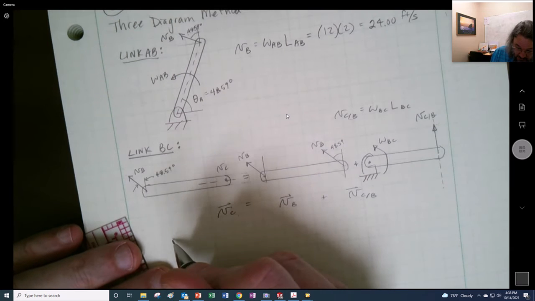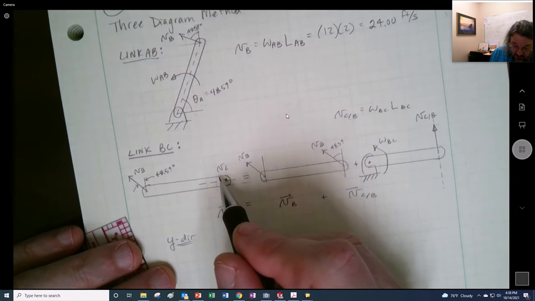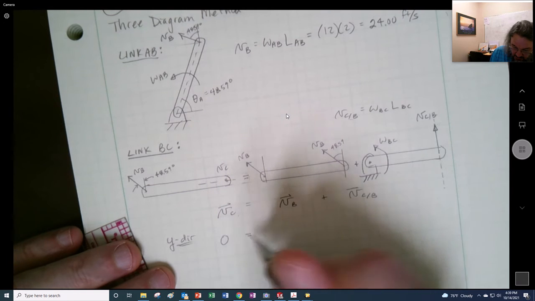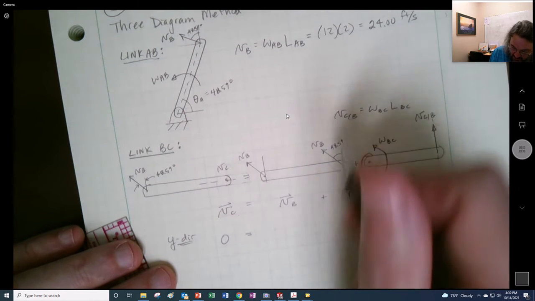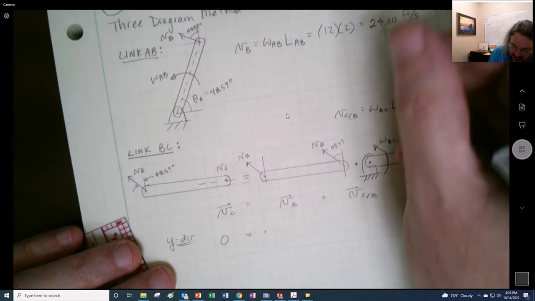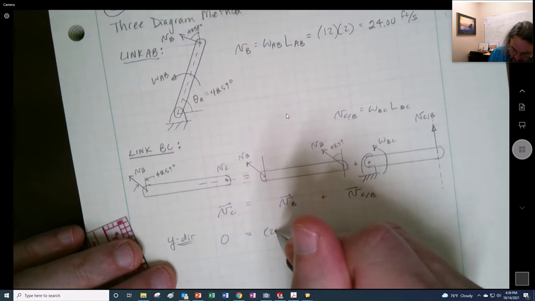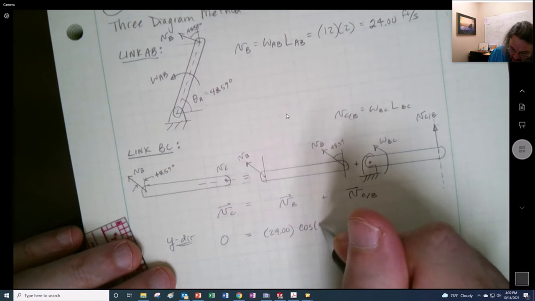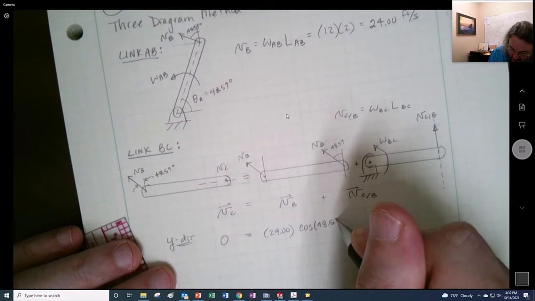So what we do is we write this, let's write it in the y direction first from what we see right here. So in the y direction, we're going to have 0 right here for this. For this one right here, we're going to be positive, and we're going to get, okay, the velocity, that 24 times the cosine of our 48.59, right?